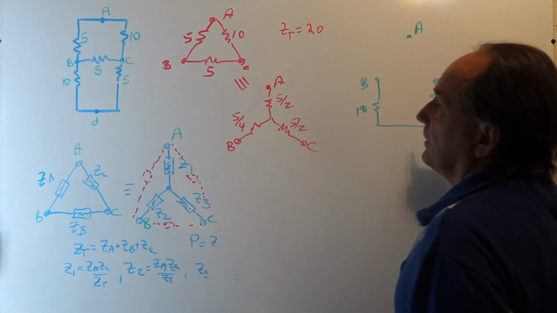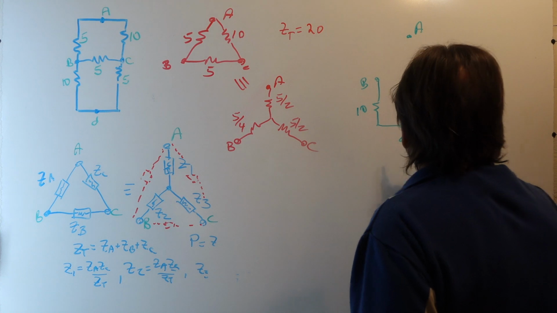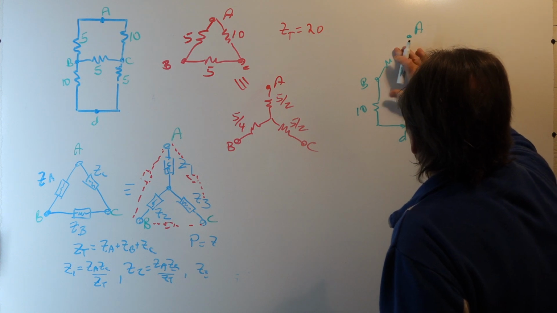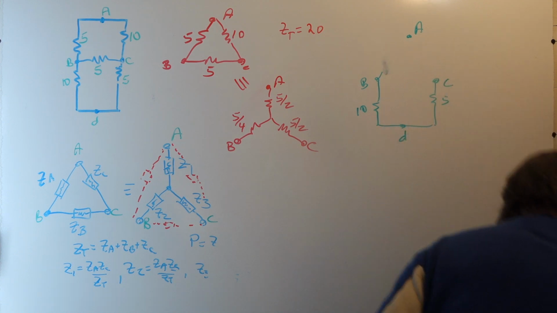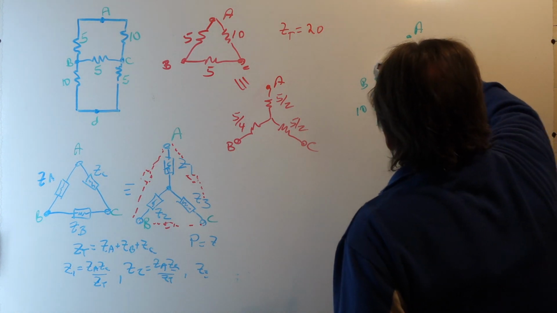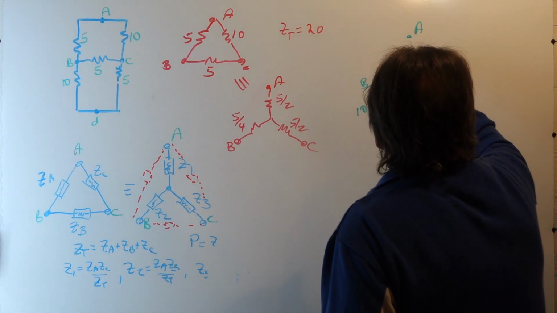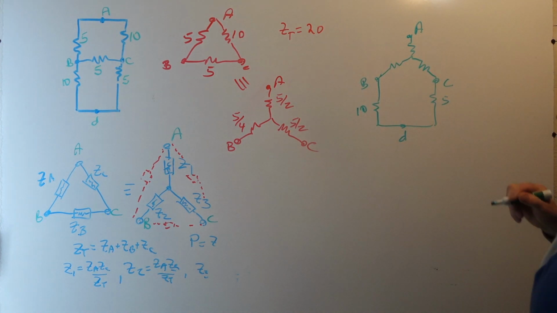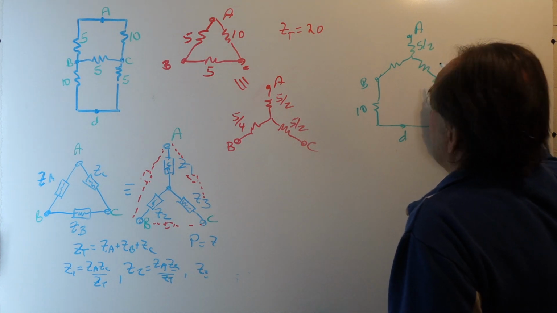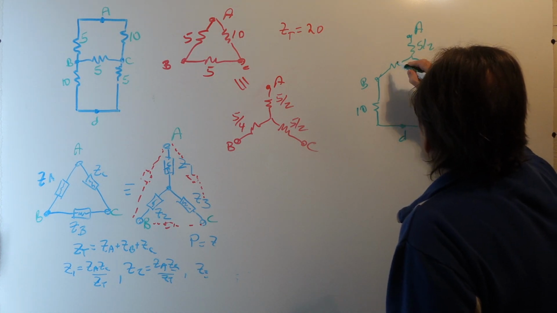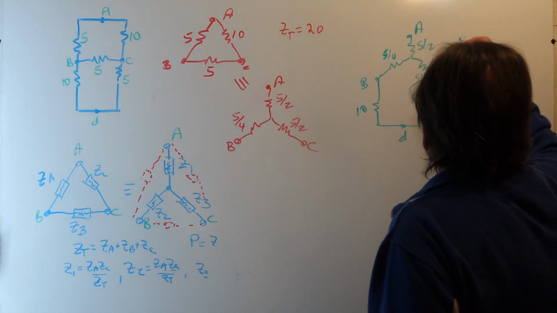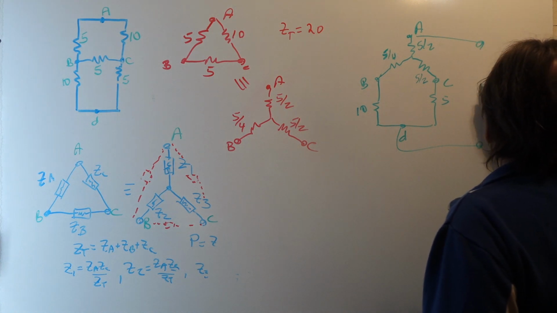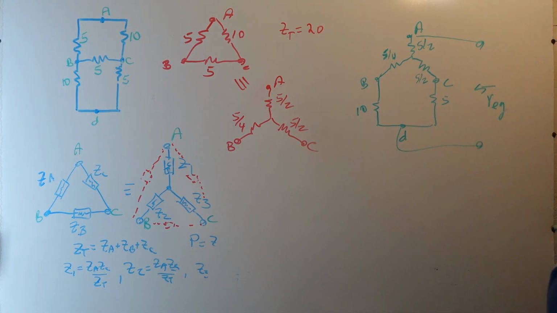We have this element, which is 5, and here's node D. But between A, B, and C, now instead of having the delta, I'm going to put the Y connection in here. The value is 5 halves. This value is 5 halves, and this value is 5/4. Now remember, what we're looking for is the equivalent resistance between these two nodes. We want to find our equivalent looking in.